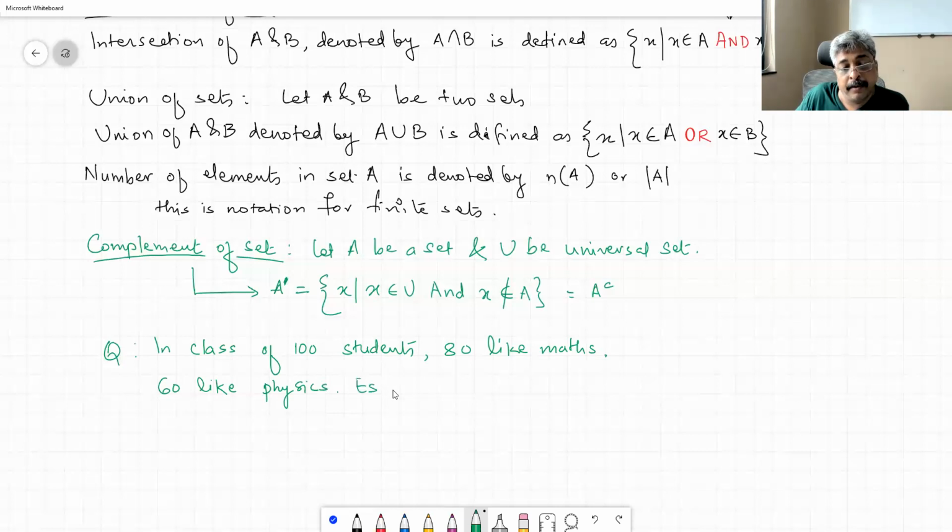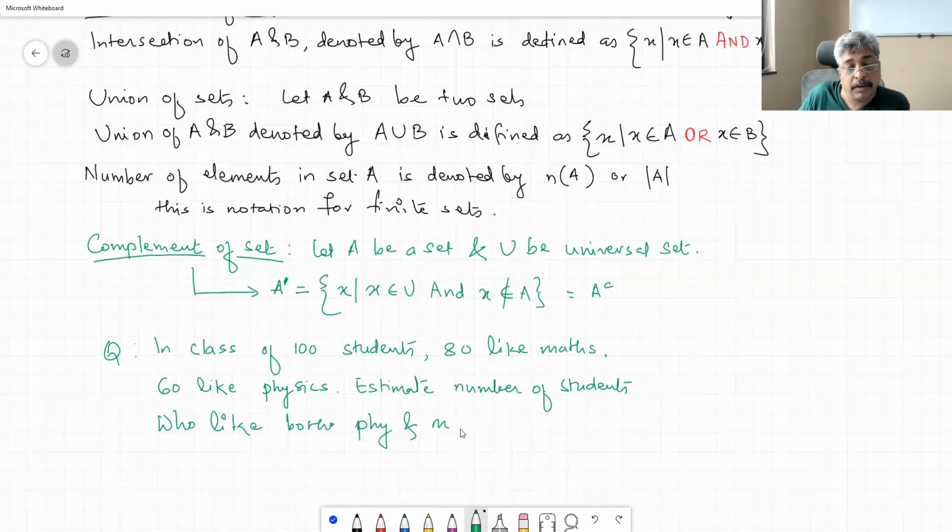Estimate the number of students who like both physics and maths. Okay.